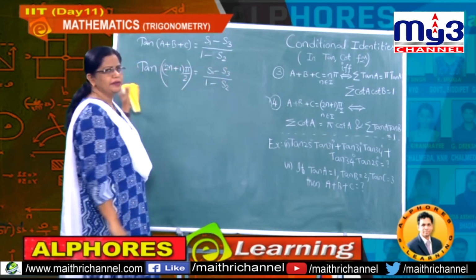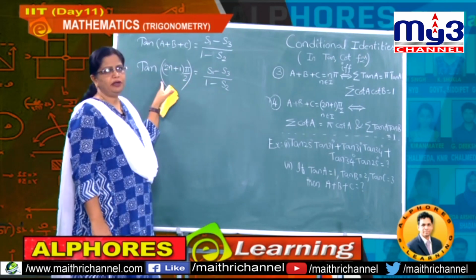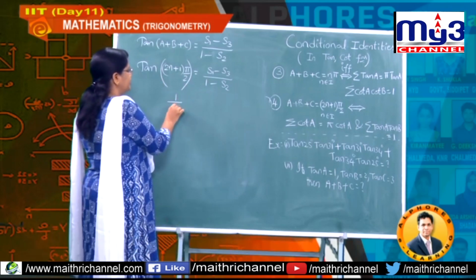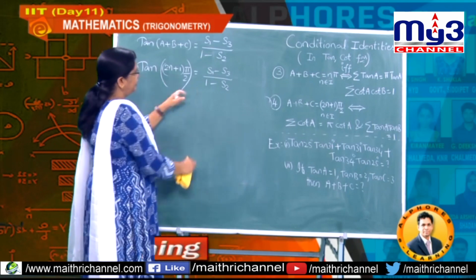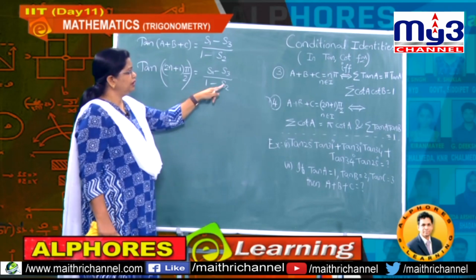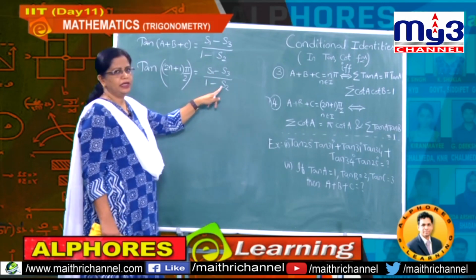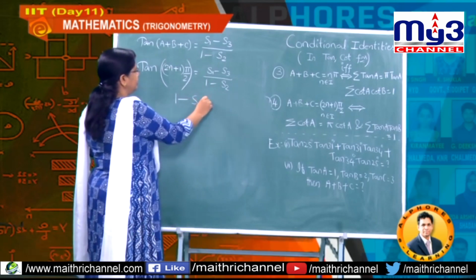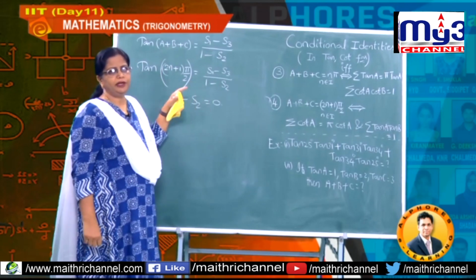Got it, students? Now what is happening here? This is an odd multiple of pi by 2, which means undefined. Undefined means, suppose I write 1 by 0, or else the denominator has to be 0. When the denominator is 0 and the numerator is not equal to 0, then it is undefined. So 1 minus S2 has to be 0 for tan of an odd multiple of pi by 2.